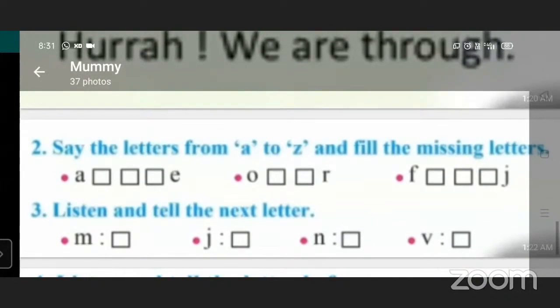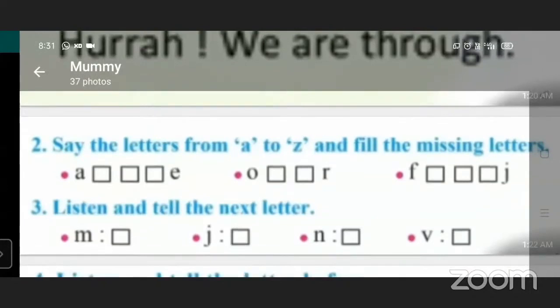Say the letters from A to Z and fill the missing letters. Okay, students. So you write here missing letters. So see, here A, then give here 3 boxes. So what we write here after A, which letter is coming?